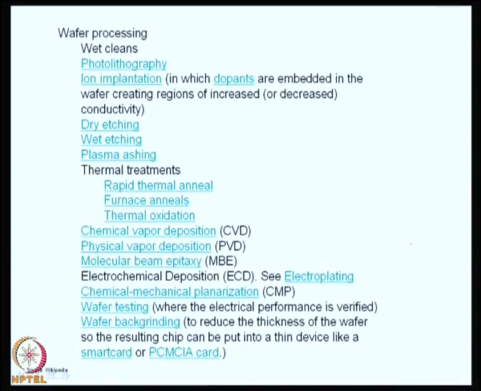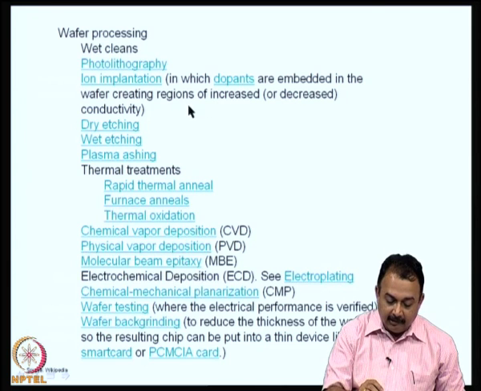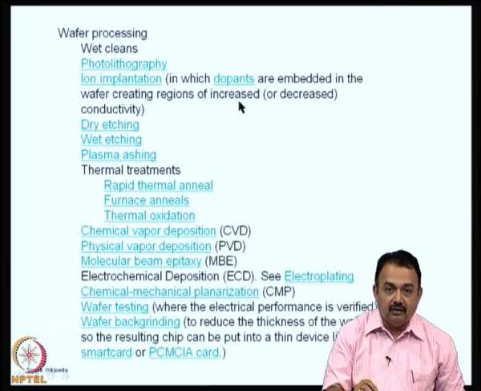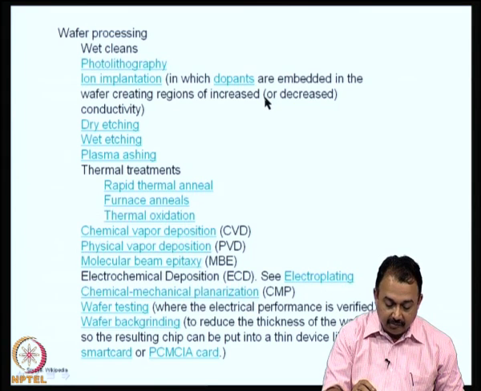Wafer processing involves a lot of processes. Wet cleaning, then comes the photolithography process, then comes ion implantation or doping, which we have seen, which we are going to embed into certain regions of the silicon wafer, either to increase or to decrease the conductivity, the mobility, the charge carrying capability.